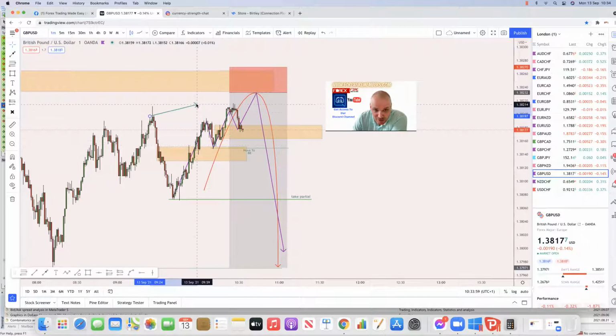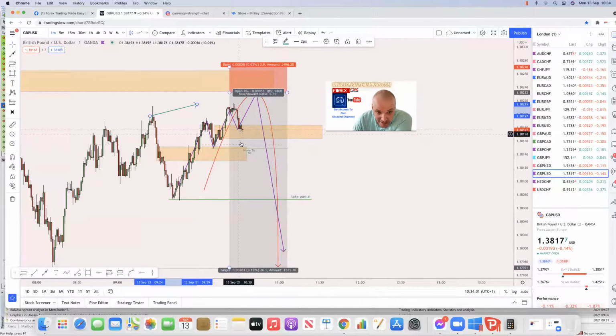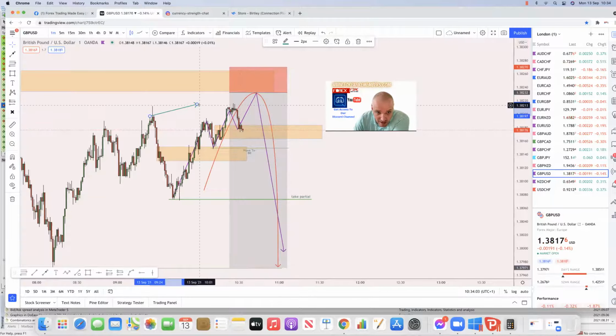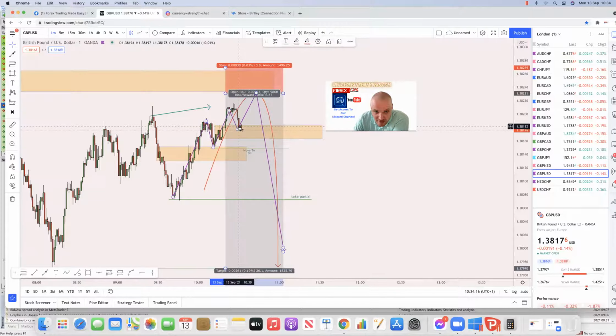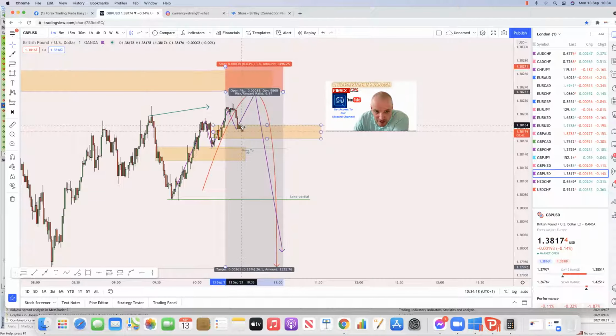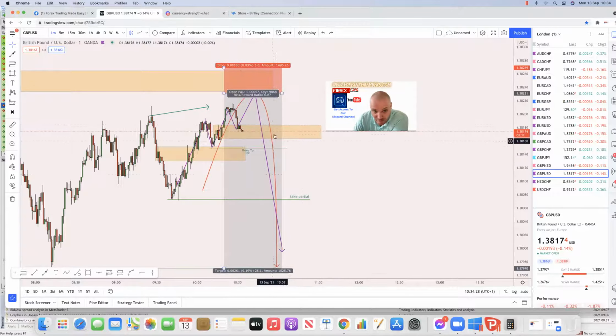If we do get a decline, which is a possibility, and it continues to break down and we break this structure, you can see this here, which is the last up before the down. This would then become our order block inside of this bigger order block for the down maneuver, okay?